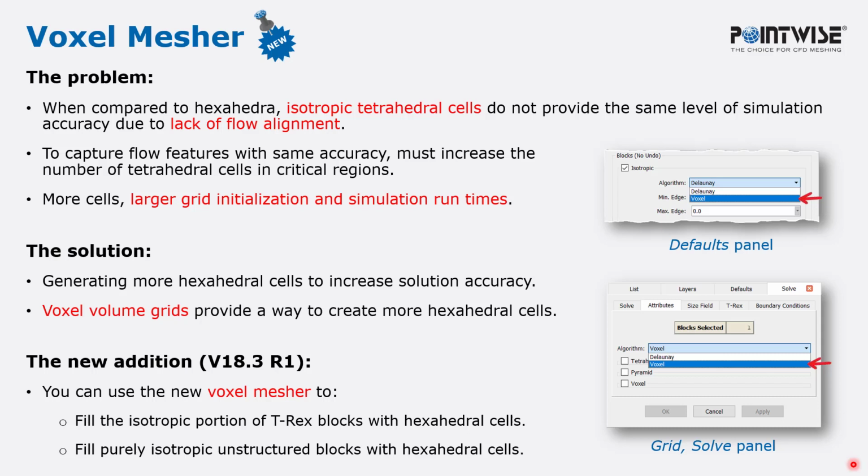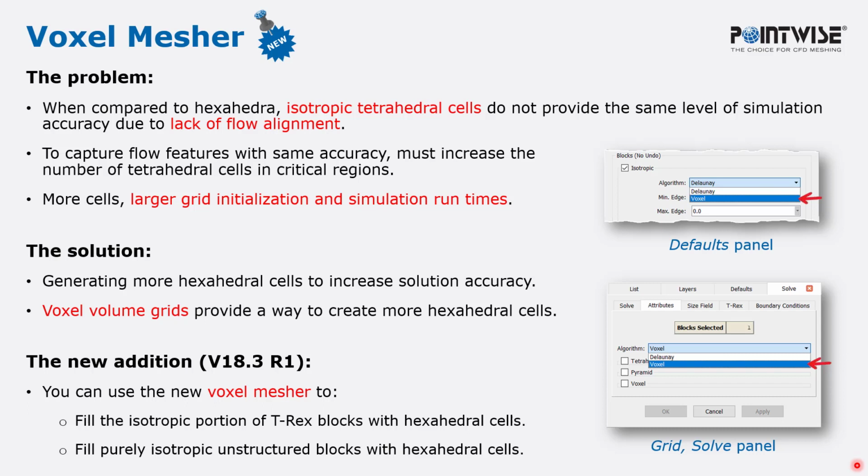So in the case of Pointwise version 18.3 release 1, you can use the new voxel measure to fill the isotropic portion of T-Rex blocks with hexahedral cells. Also, you can fill purely isotropic unstructured blocks with hexahedral cells. In the image to the right, I'm showing the two ways in which you can set up the appropriate isotropic algorithm.